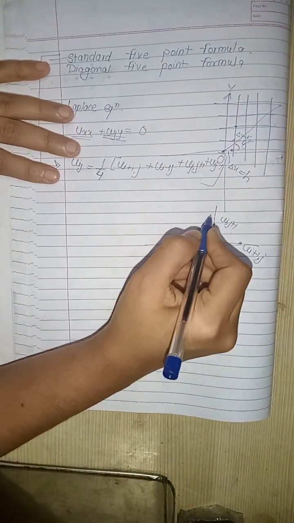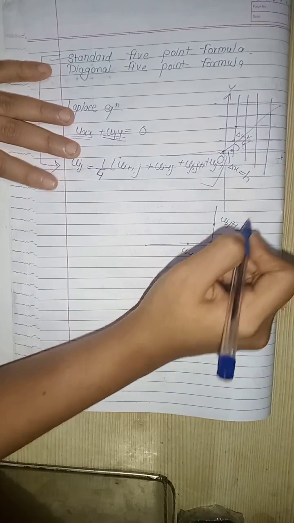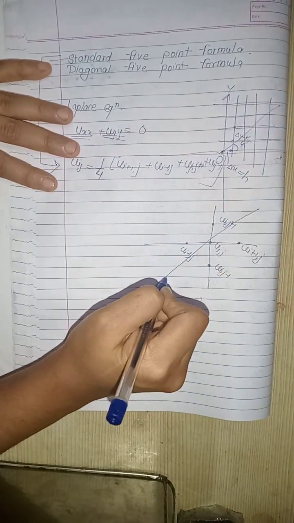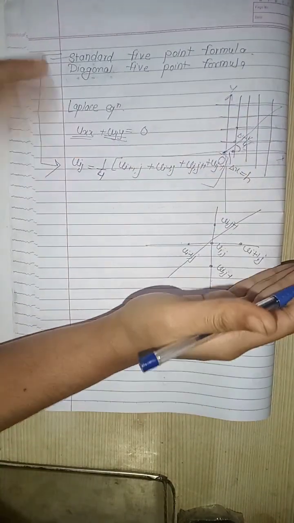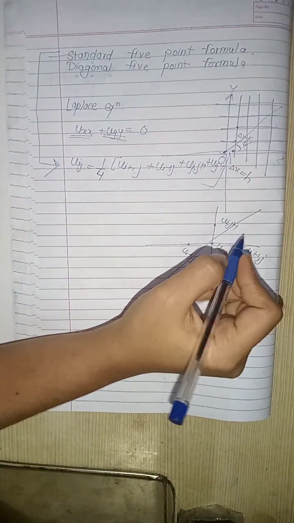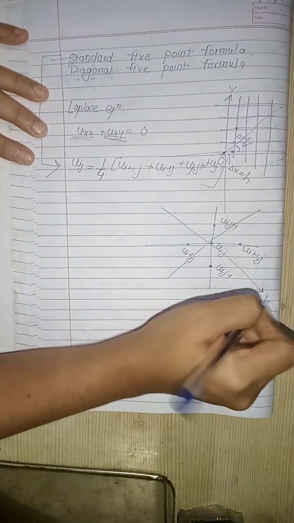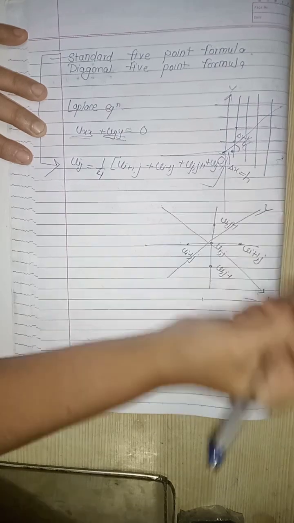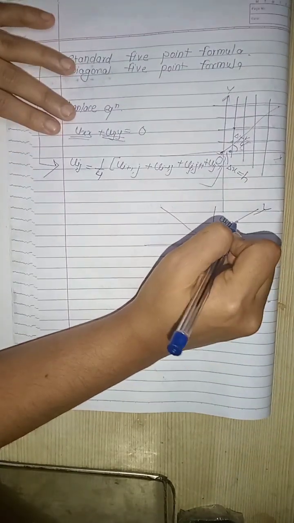This was your earlier one. After rotation, the y-axis will be this one, so this y will move towards the x-axis, and this will be your new x-axis. This is your new x-axis, this is your new y-axis.